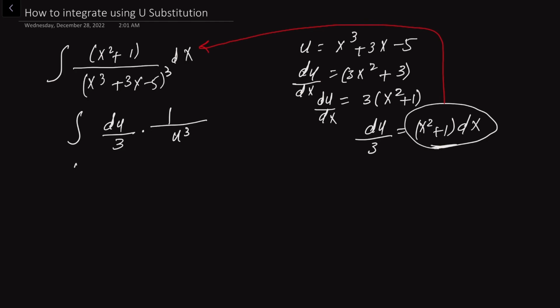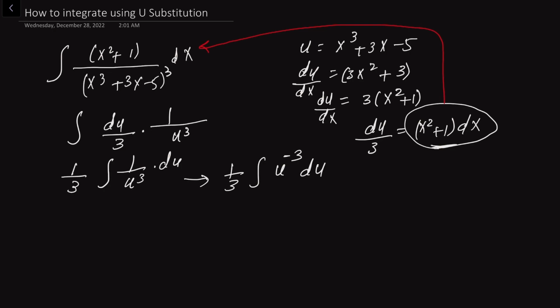To simplify, take the 1 over 3 outside, and this will be the integral of 1 over u cubed du, which equals 1 over 3 times the integral of u to the minus 3 du.